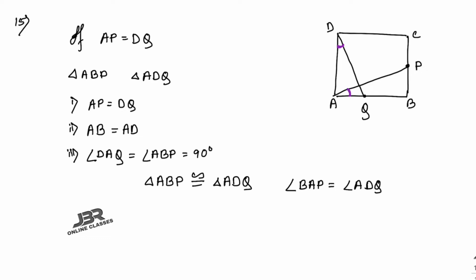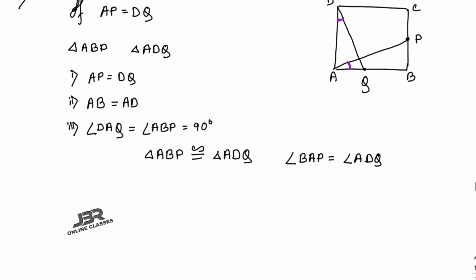But angle BAD is equal to 90 degrees. So you can write angle BAD equal to angle BAP plus angle PAD. So BAD equal to 90 degrees, angle BAP plus angle PAD.